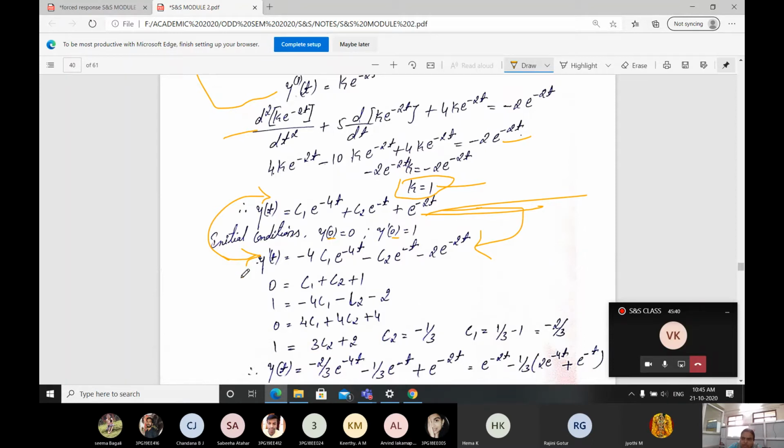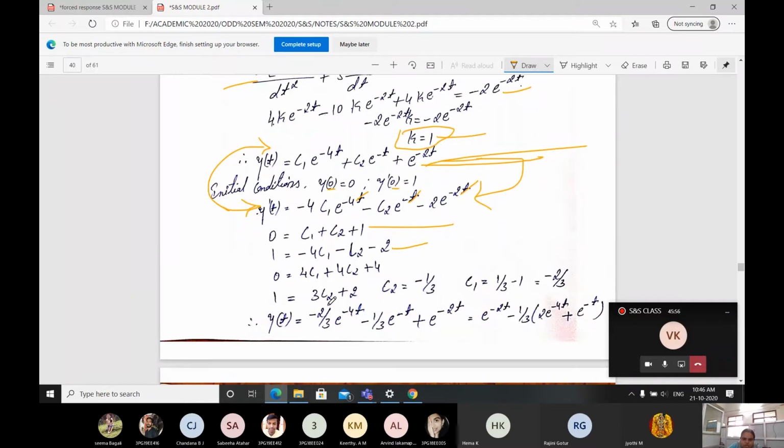Then when you substitute t as 0 in y dash of t, you will get 1 equals minus 4 c1 minus c2 minus 2. Substituting t as 0, that's it. Then solve for these two equations. After solving, you will get c2 as minus 1 by 3 and c1 as minus 2 by 3.